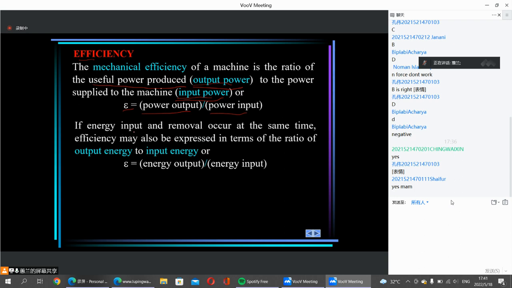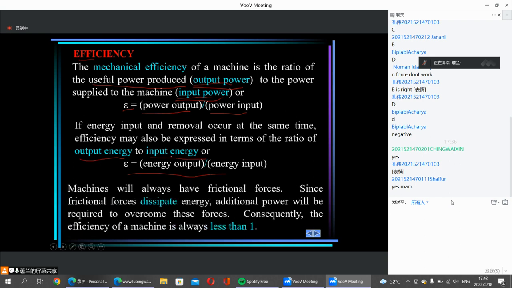If energy input and removal occur at the same time, efficiency may also be expressed as the ratio of the output energy to input energy, just like here. Machines will always have frictional forces. Since frictional forces dissipate energy, additional power will be required to overcome these forces.